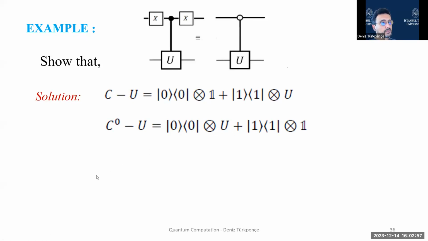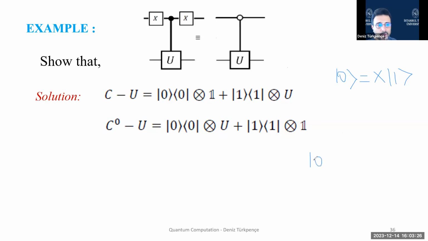Now, I will try to prove that this is equal to this. Okay, how can I do this? So I will just use a simple trick because I know that this 0 is equal to X|1>. What was X? X is the NOT gate. So if you apply NOT gate to 1, what you will obtain is 0.